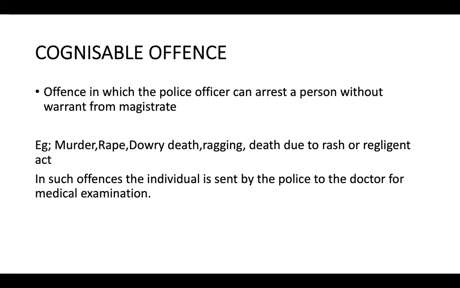Examples are murder, rape, dowry death, ragging, death due to rash or violent act. In some offenses, the individual is sent by police to the doctor for medical examination also. So cognizable offense is an offense in which the police officer can arrest a person without warrant from the magistrate.